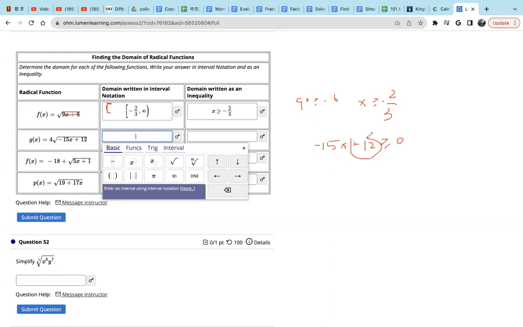So we move 12 to the other side, it becomes a negative. Then we divide by -15. When we divide by a negative number, we switch the sign. So that becomes x less than or equal to 12 divided by 15. We divide by 3, that's 4 over 5.